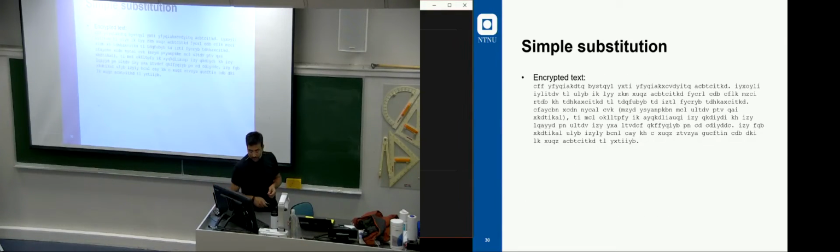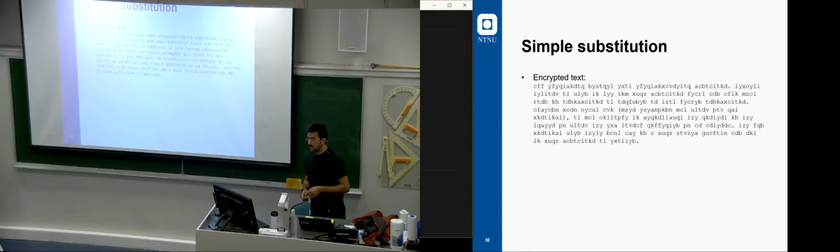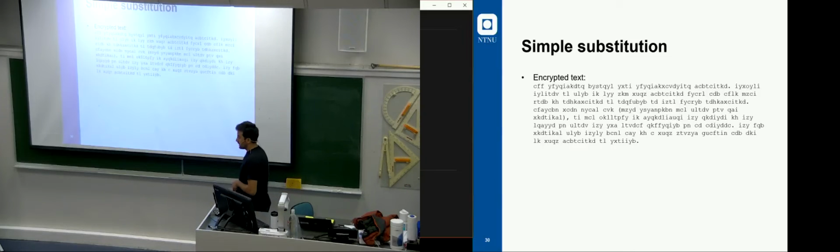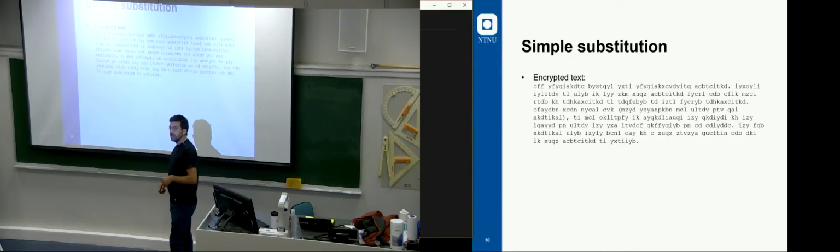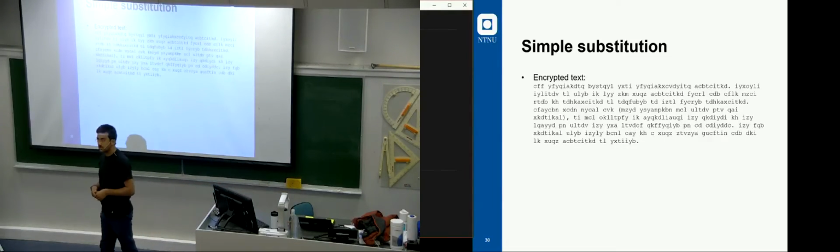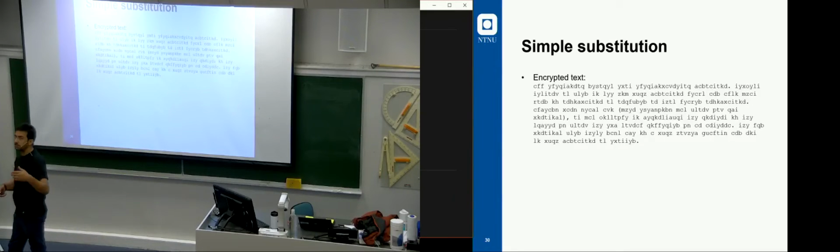If we have this encrypted text, we need to see what it is. Maybe it has not been encrypted with a key equal to 3. It can have substitution methods.